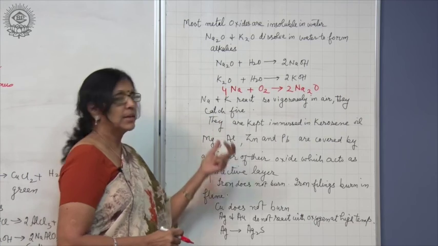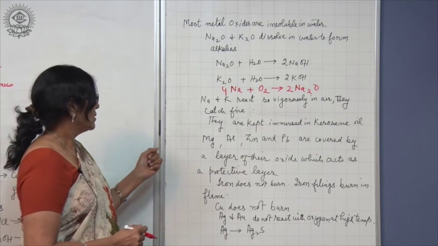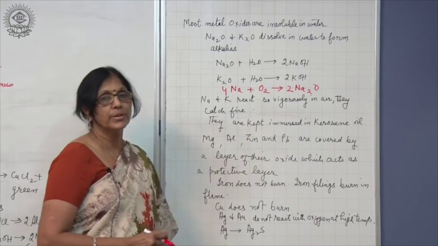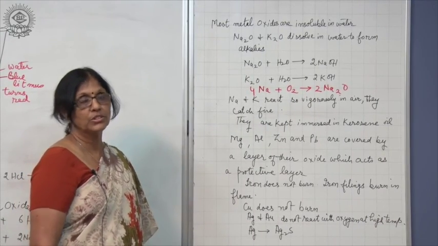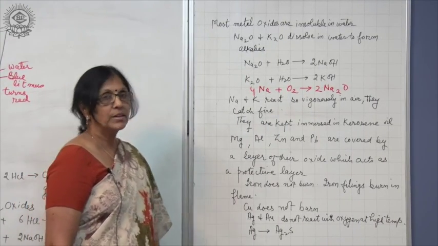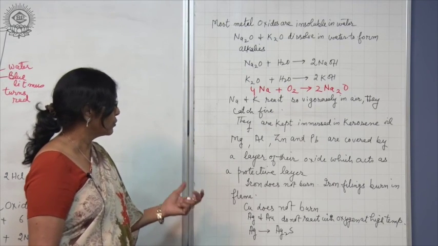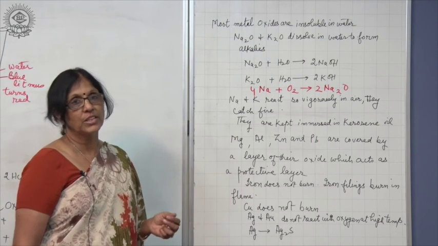So, when these metals are exposed to air, they will catch fire. That is why both sodium and potassium metals are kept immersed in kerosene oil, so that they do not come in contact with the oxygen present in air, to avoid accidents. This precaution has to be taken, and also when these metals have to be used, they should not be touched with the hand.